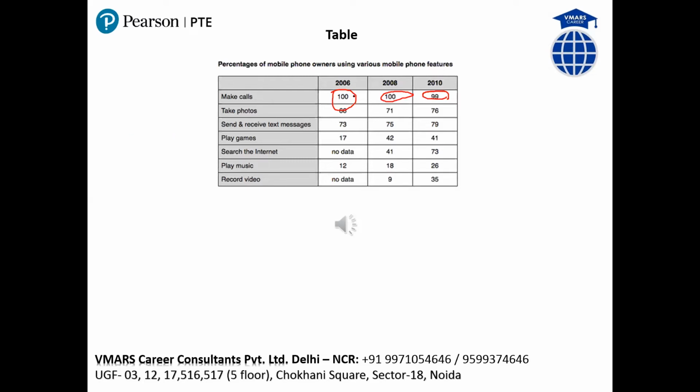But in 2006, when we come to the lowest, you can see that there was no internet and no video. So there is no data for that, because in 2006 people were not using the phone for internet and recording videos. But if you come to 2008 and 2010, people were using the phone for taking photos and sending and receiving messages.